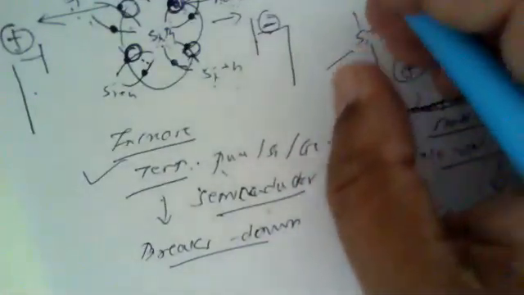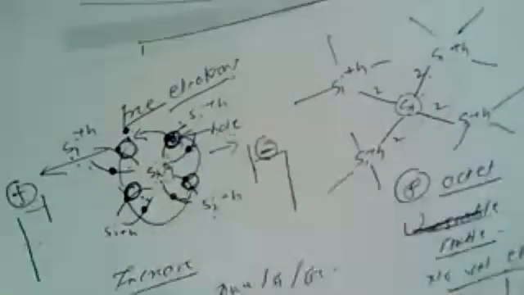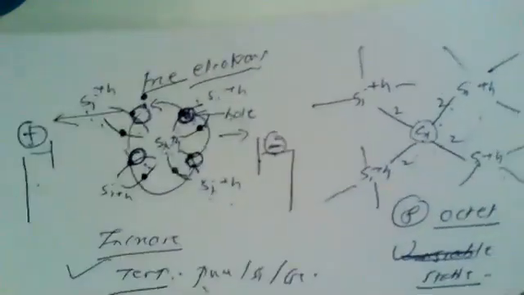A few points you should remember while giving the explanation for intrinsic type of semiconductors, which are also referred to as the pure type of semiconductors.